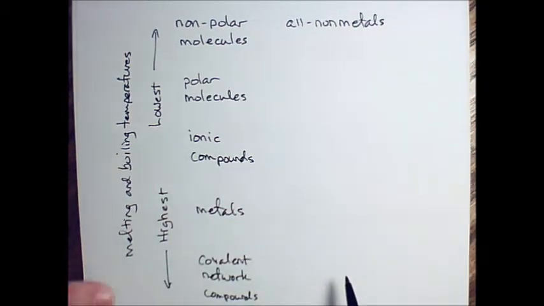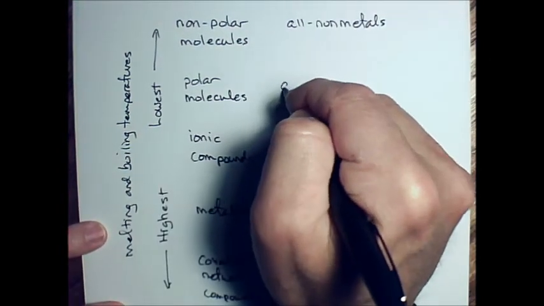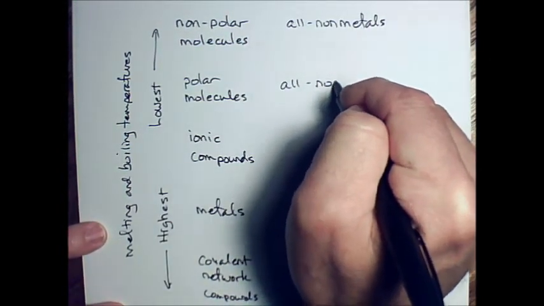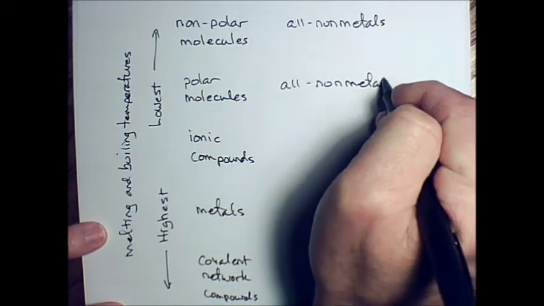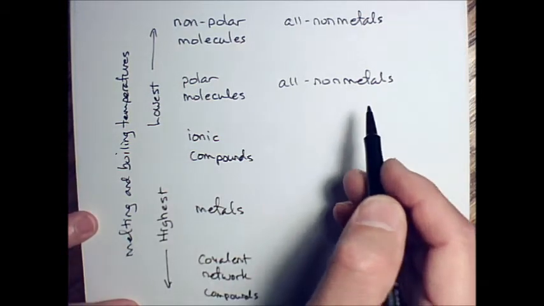So all the elements in a nonpolar molecule will be all nonmetals. Polar molecules also are made of all nonmetals. And the way you tell the difference between the two, polar molecules have to meet those 2 conditions we just talked about. We just spent time going over them and you just took a quiz on them.